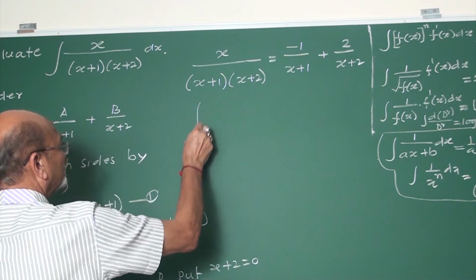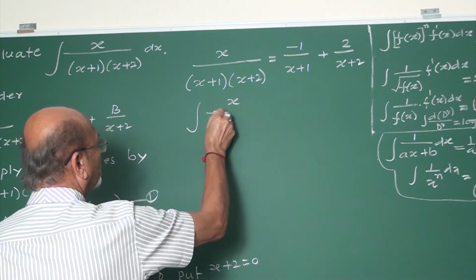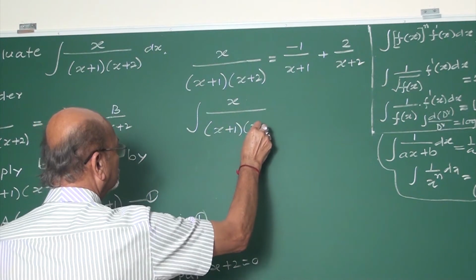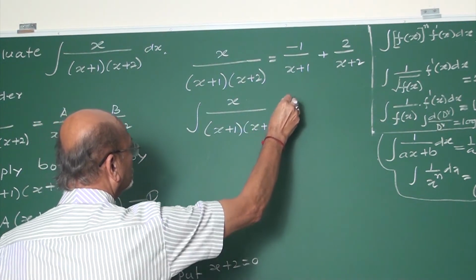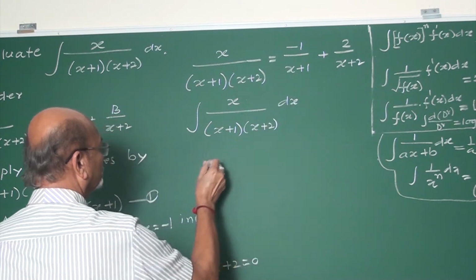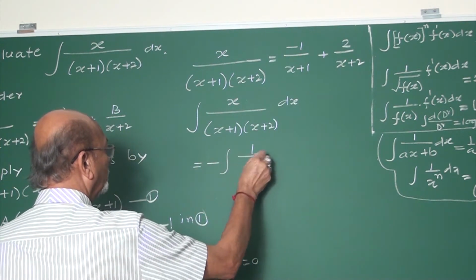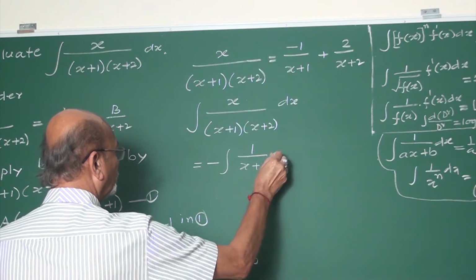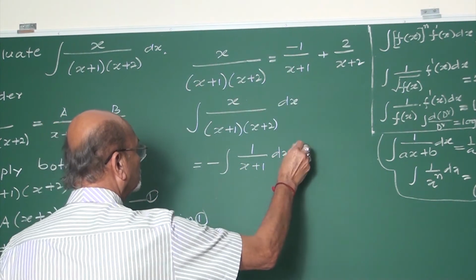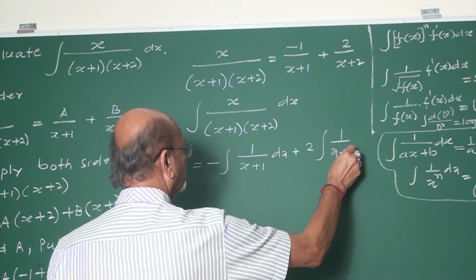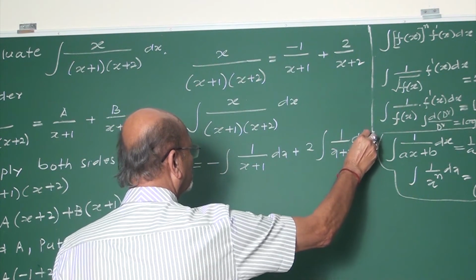Integral of the LHS. dx. Yes, that minus is out. It is 1 upon x plus 1 dx, plus that constant 2 is out, integral 1 upon x plus 2 dx.